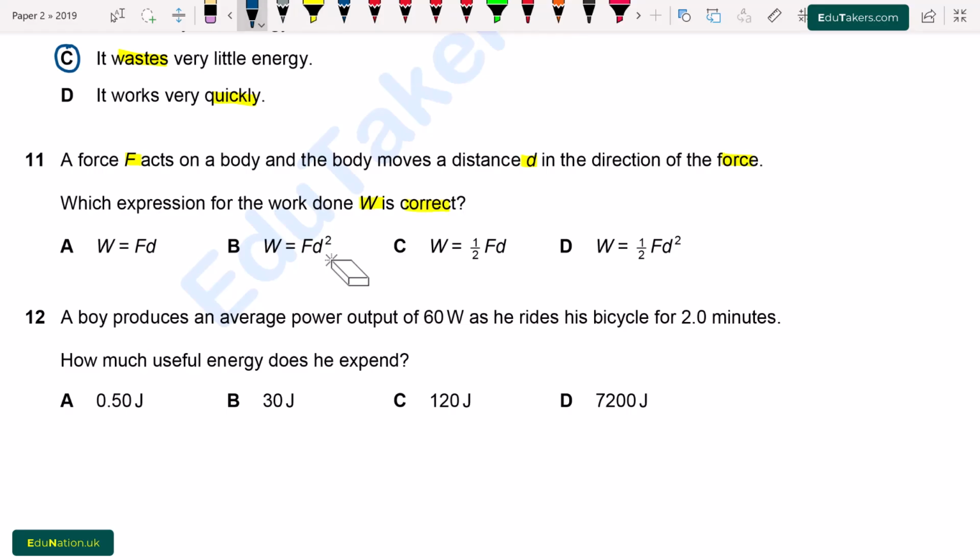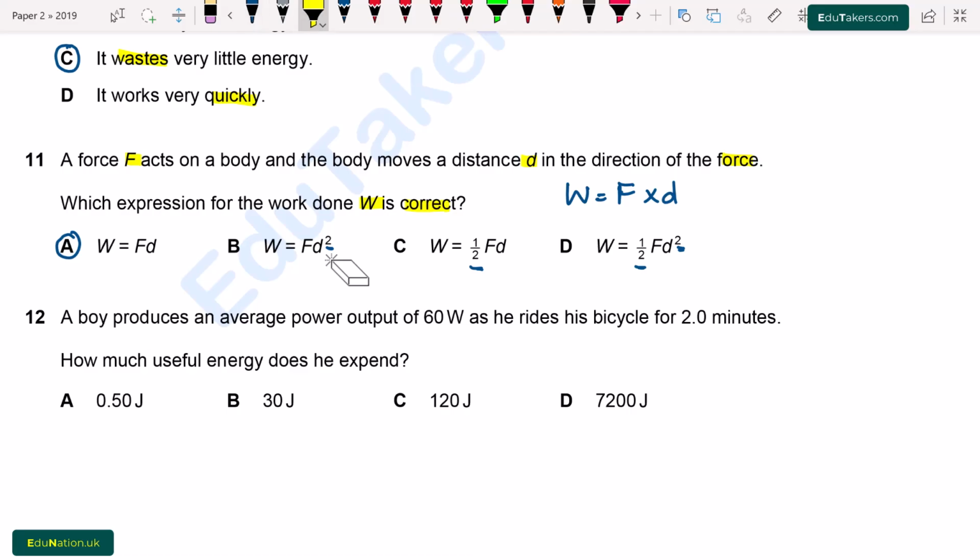So work W, it is basically the product of force and distance. So option A is correct. B is not correct because here is the distance square. C is also incorrect because of the factor 1 by 2 and D is also incorrect because of the factor 1 over 2 and the square of distance. So only option A is correct.